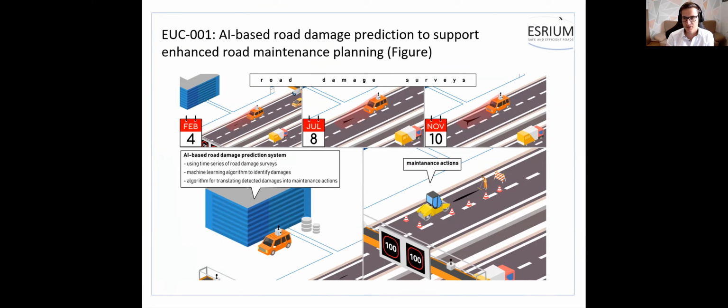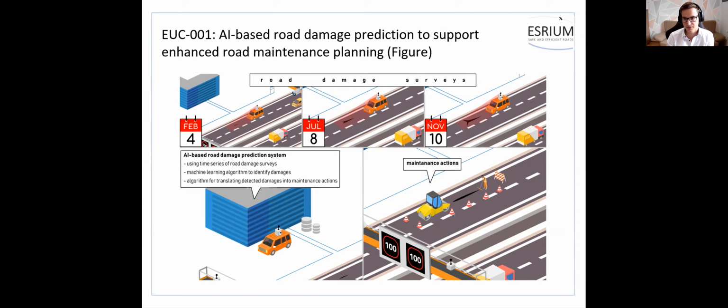So the target group here is the road operator, and according to the road operator ASFINAG, motorways in Austria are currently only surveyed and checked for road damage every 4 years. And this leads to, on the one hand, high costs because of long-term construction sites that could be avoided or greatly shortened with earlier diagnosis and or appropriate preventive measures.